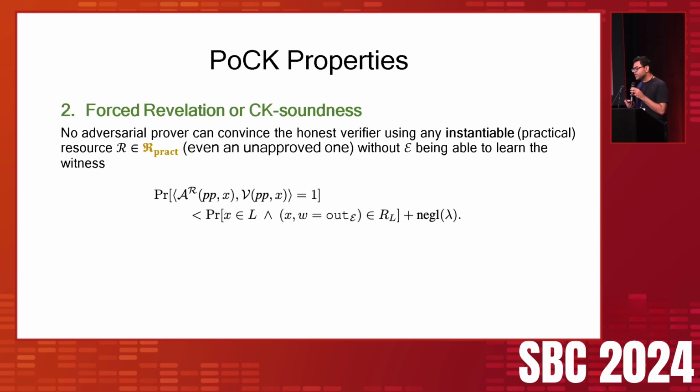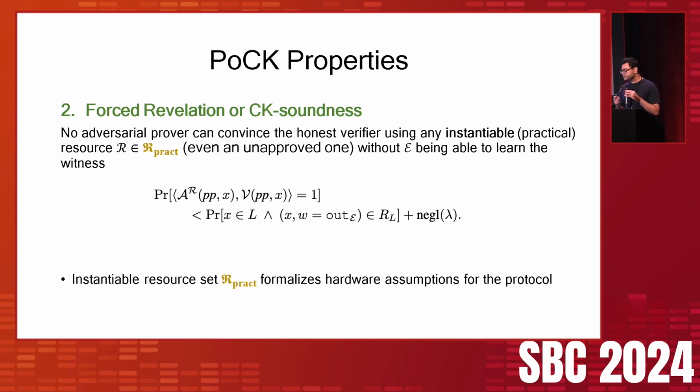The second property is the more tricky one, which we'll call CK soundness, or forced revelation. And the idea here is that no adversarial prover should be able to convince an honest verifier using any practical resource. So not just the approved ones, but any unapproved ones as well, as long as they're practically instantiable, without this extractor machine being able to recover the witness.